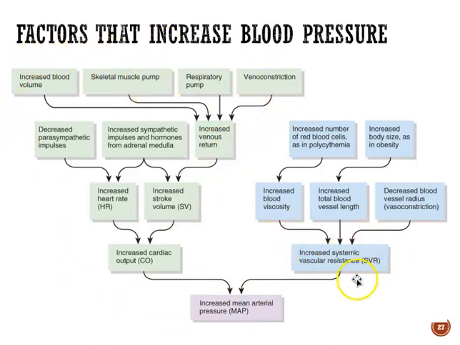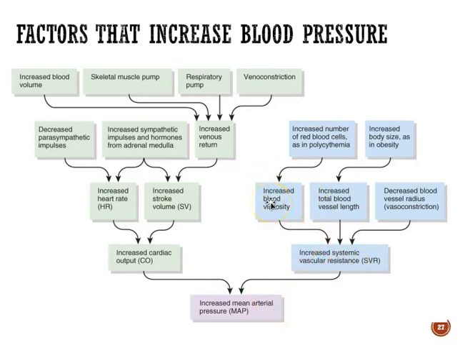Now on this side, if we increase our vascular resistance, that will also increase blood pressure. So what are some of the things that increase this? Well, blood viscosity. If our blood becomes more viscous, for example, if you have too many red blood cells, that'll increase blood viscosity. That will increase vascular resistance. It will increase our blood pressure.